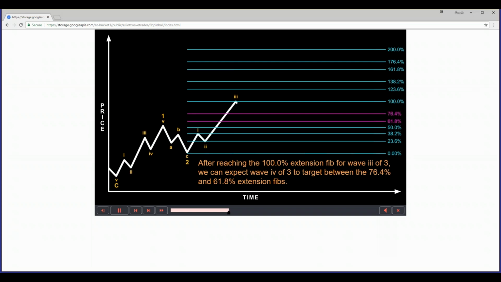So after wave 3 of 3 reaches the 100% extension, then we want to see wave 4 of 3 pull back into the 764 to the 618 extension, and it should hold that 618 extension.